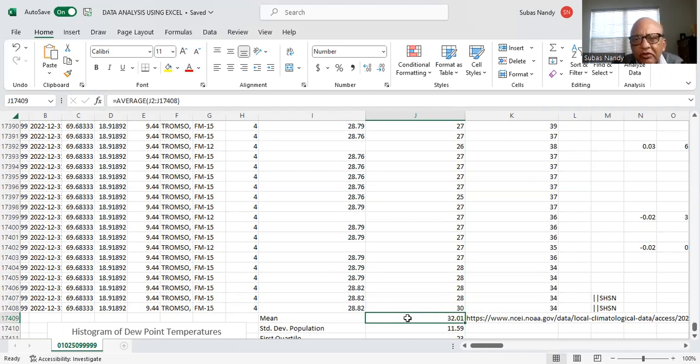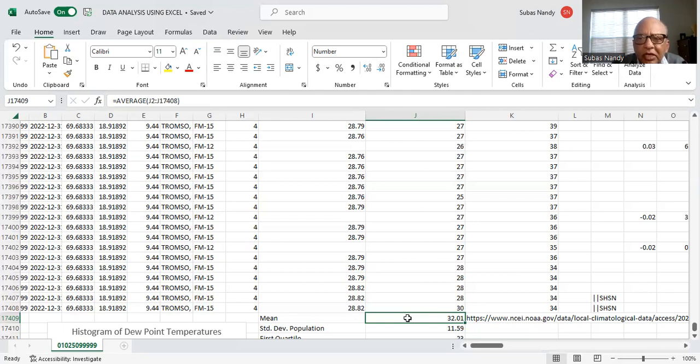Inside the parenthesis, you start from the beginning of this data set, which is cell J2. Then you type a colon, and then the last cell in this data set, which is J17,408, and you hit enter, and you automatically get the mean.